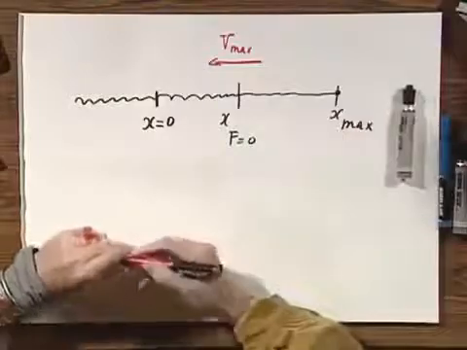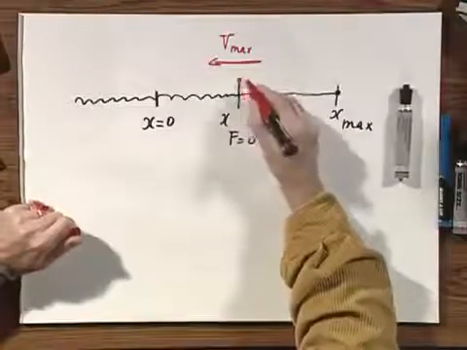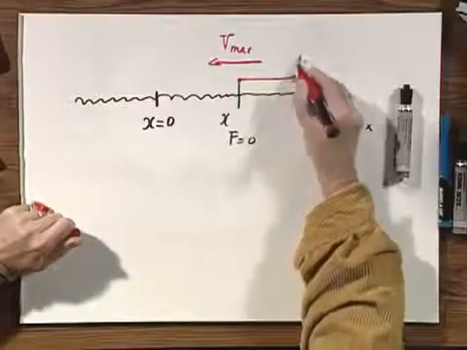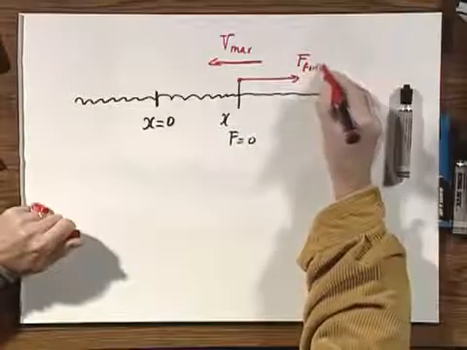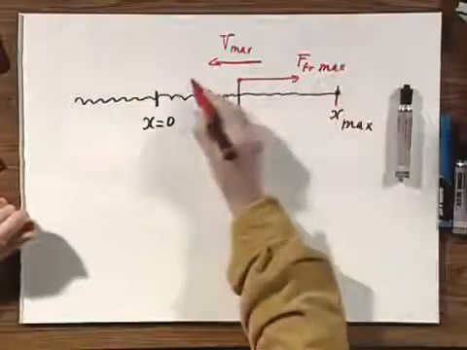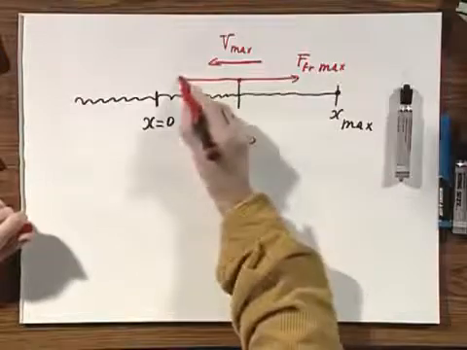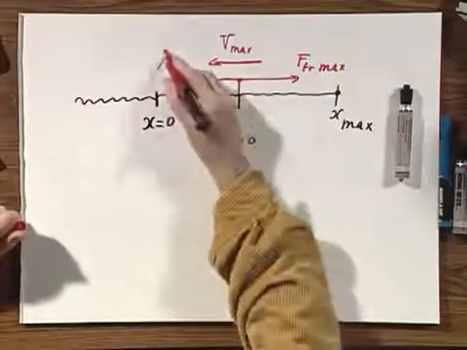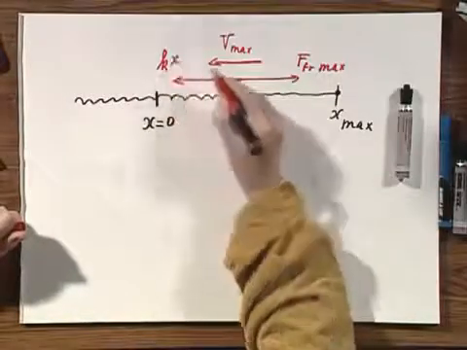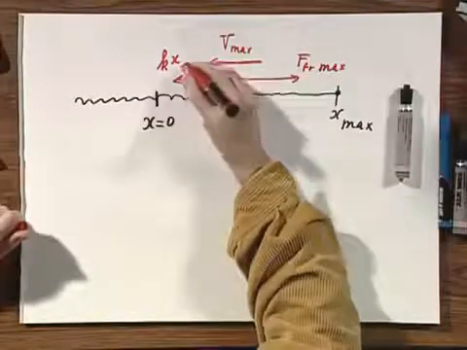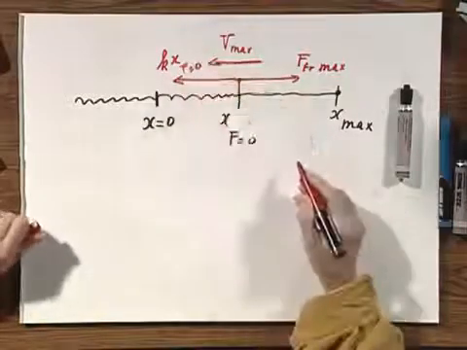Now, when the object is here, there is a frictional force which is maximum. It's always maximum because the object is moving. And there is the spring force, the magnitude of the spring force is this kx, and this x is at this location where f equals 0.